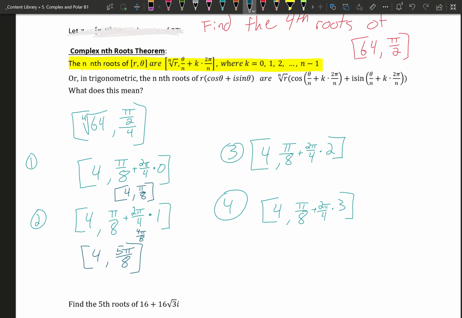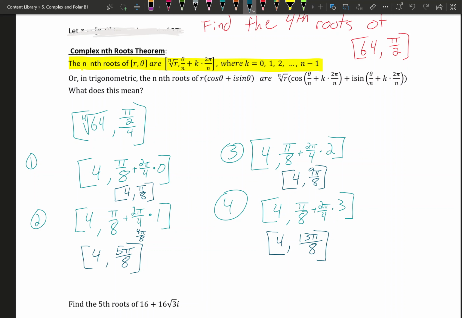This one, 2 times 2 pi over 4 is 4 pi over 4, or 8 pi over 8, so it will be 4, 9 pi over 8. And then over here, we've got 6 over 4, which is 12 over 8, so it will be 4, and then 13 pi over 8. So there are our 4 fourth roots.